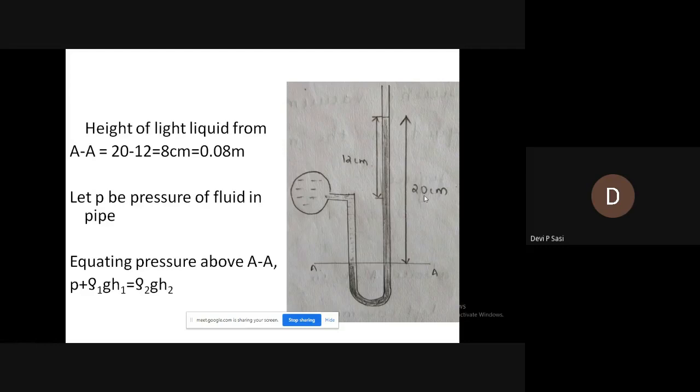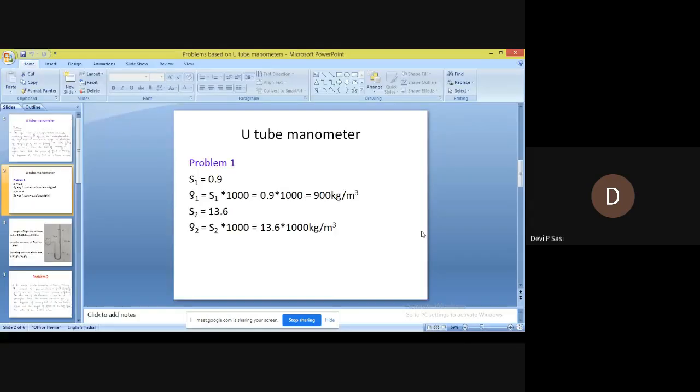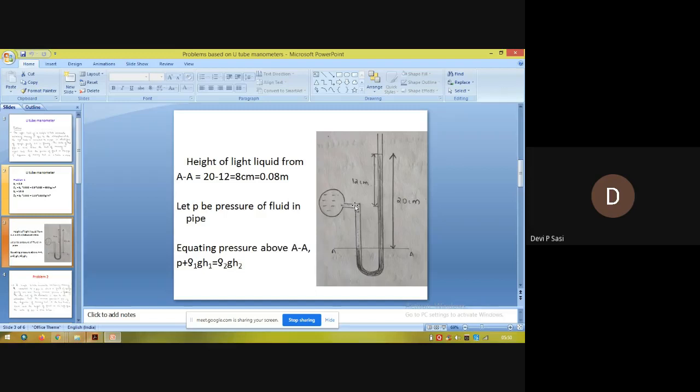Then what will be H1? H1 means, what is it? It is the height of the light liquid from the AA line, towards the top region. So the height of liquid from the AA line is 20 centimeter minus 12 centimeter.